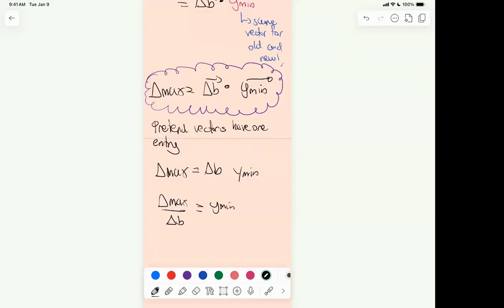Does the left hand side look familiar, that notation? What does that remind you of? What does that look like if you take delta b going to 0? If you thought about a limit as delta b goes to 0.